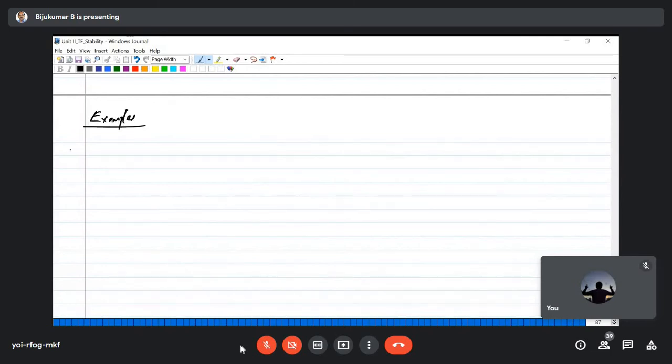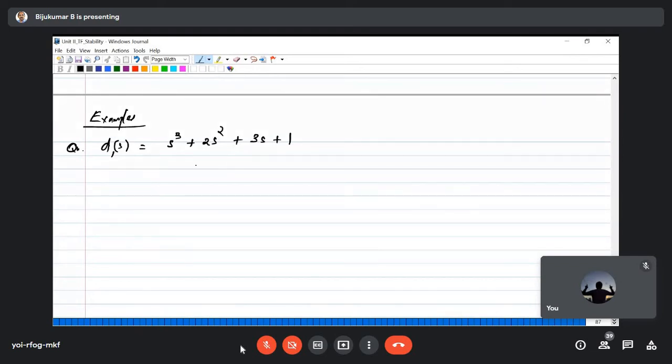So first you take this example. So what was that polynomial? D1 of s is equal to s cube plus 2s square plus 3s plus 1. So by using the Hurwitz concept, we are not able to differentiate the two polynomials, right?